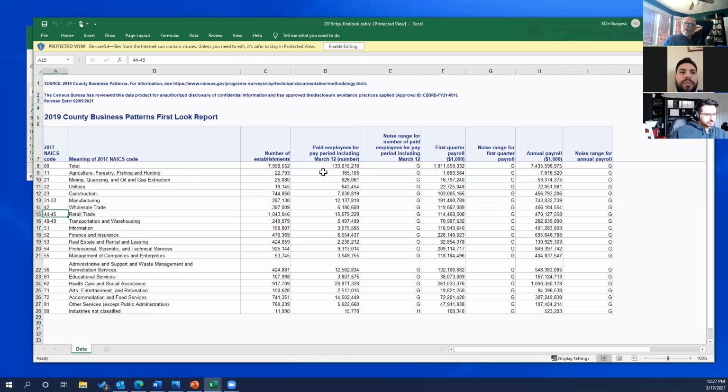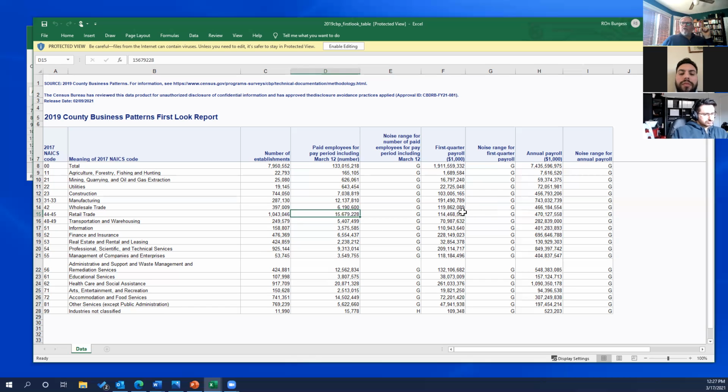Now you can see here that the information that they're giving you is the number of establishments, and so that's valuable, and then what their payroll is. So that doesn't help us in marketing a whole lot. It might be just interesting to see how big some industries are compared to others, like manufacturing sticks out, that's a really big number, yet the retail trade is bigger than that yet.